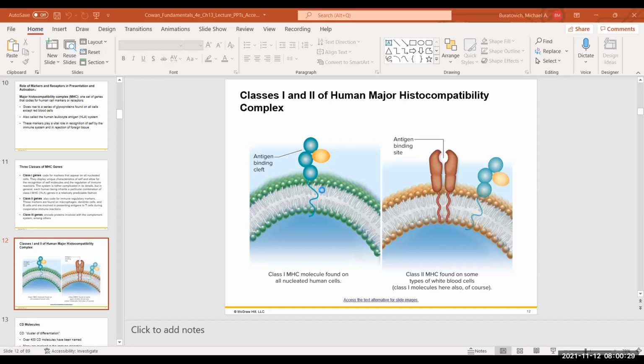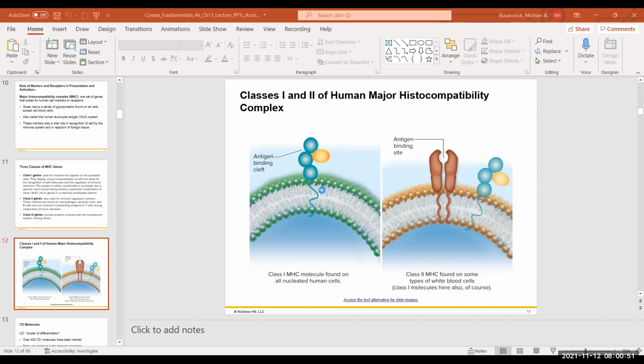Now, there is another group of molecules called cluster of differentiation proteins. Cluster of differentiation is mercifully abbreviated CD. CD proteins become especially important when we talk about T cells.